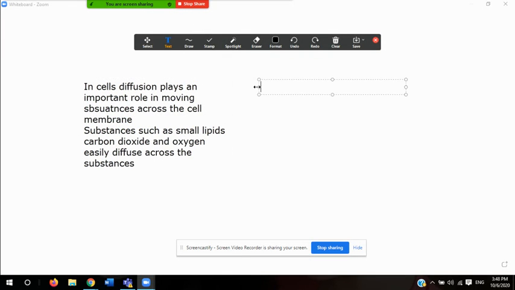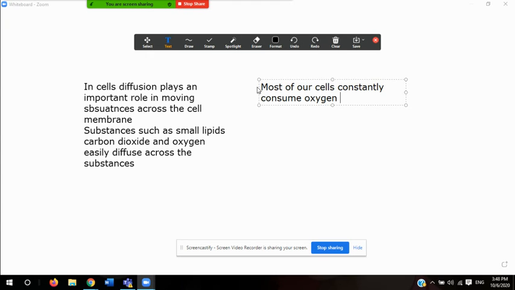Right here, most of our cells constantly use oxygen. I'll just write use. Most of our cells constantly consume oxygen.